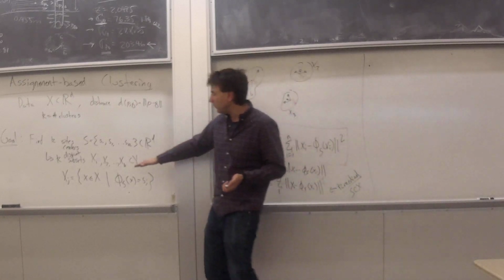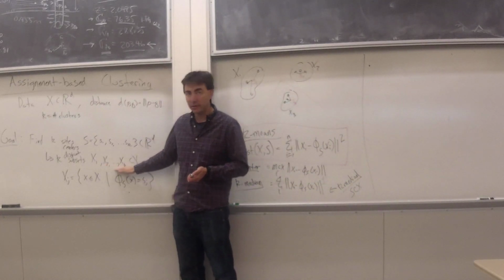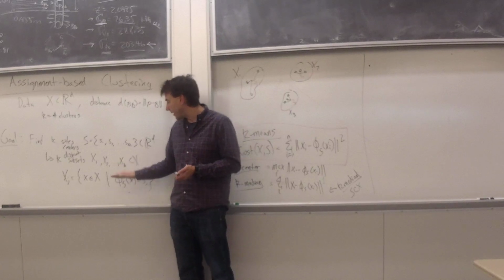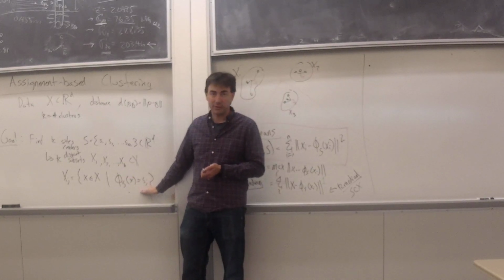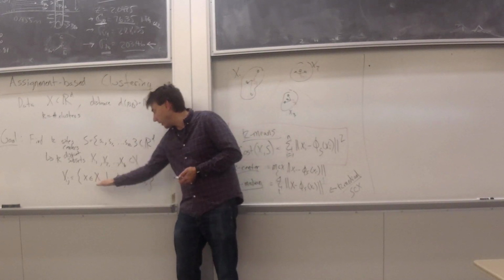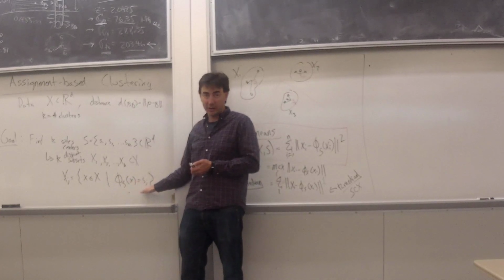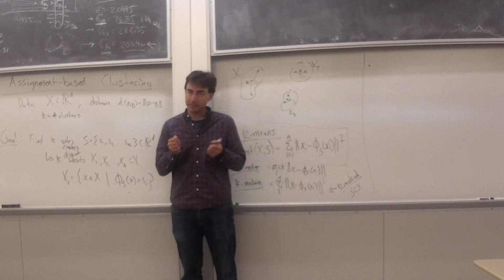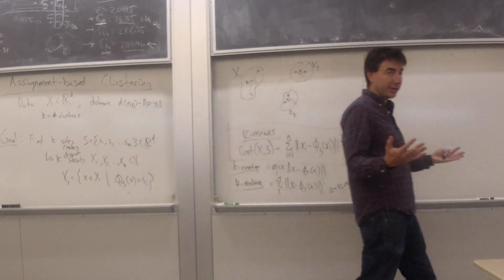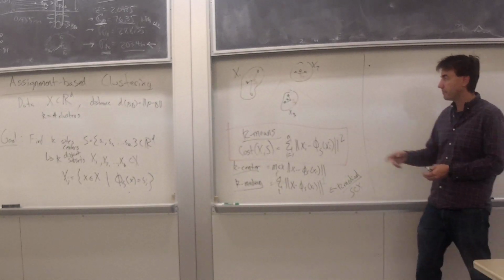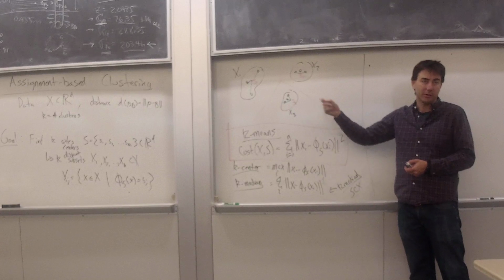I want to define these K subsets, and I define them implicitly using these S's. I want all the points such that their closest point is Sj. So that's going to be implicitly defined based on this nearest neighbor function.